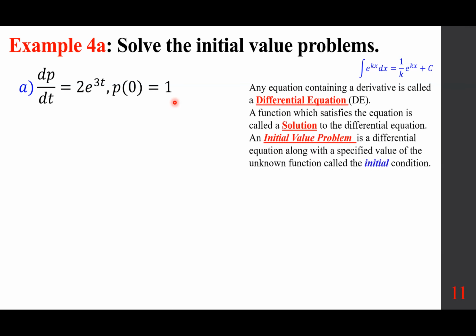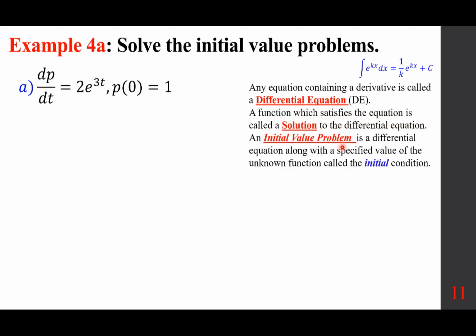So any equation containing a derivative is called a differential equation, or DE. We've been solving that. So for example, when we solve this, this is a differential equation in essence, but it creates a constant. A function which satisfies the equation is called a solution to the differential equation. So that is the solution.